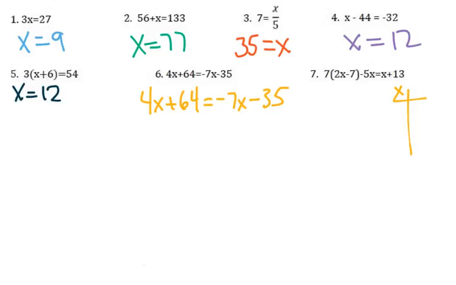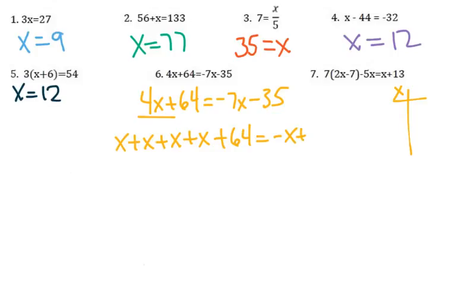Okay? Because remember, this 4x is really like x plus x plus x plus x, right? Plus 64. And this negative 7x is just negative versions of them.